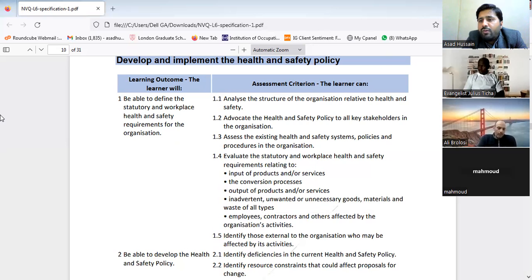Other than this, what you can produce are different roles and responsibilities, but these should be defined by a competent person.